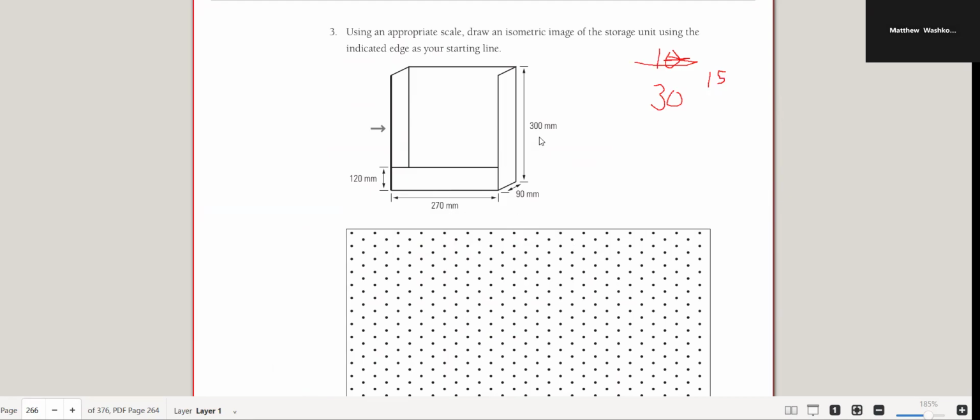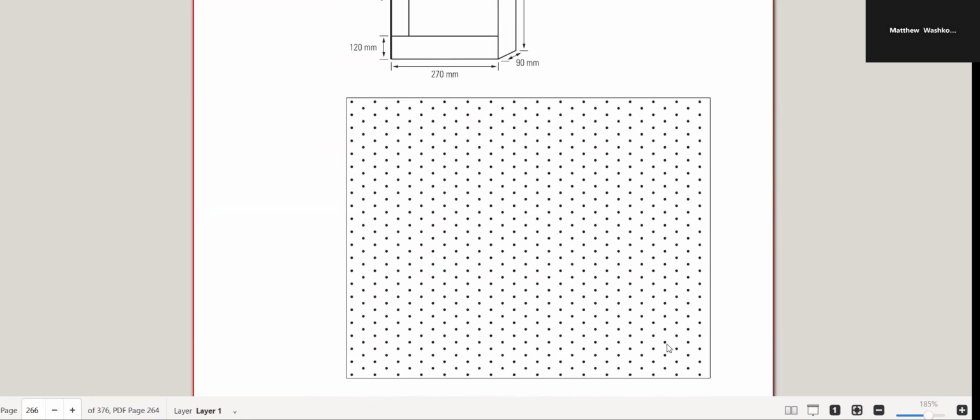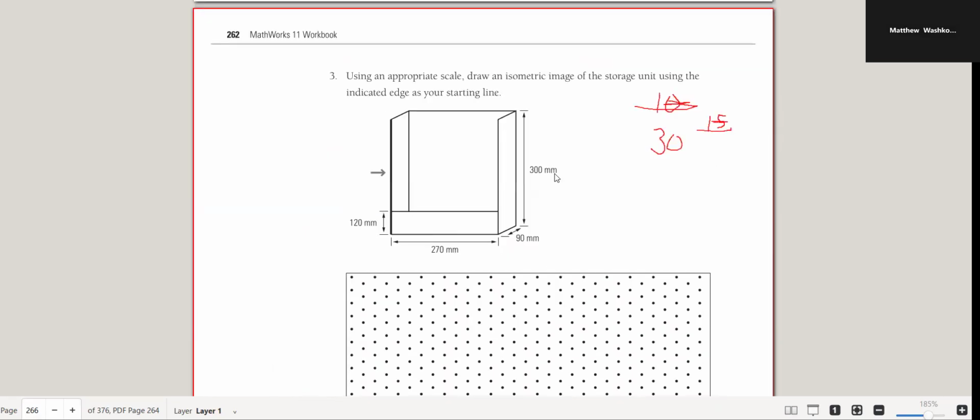Yeah, 15 does work, but then I need to go up by 20 units. 1, 2, 3, 4, 5, 6, 7, 8, 9, 10. No, it does not. So 15 doesn't work. So I have to do 30. So I have to do a 1 to 30 ratio here, which means now this is 10 units. This is 3 units. This is 9 units. This is 4 units.